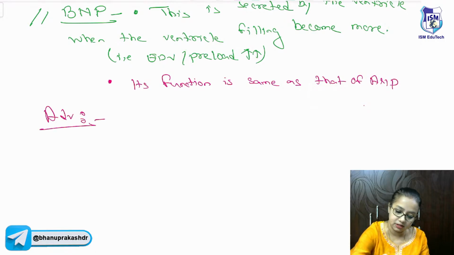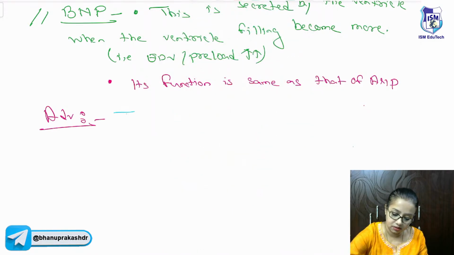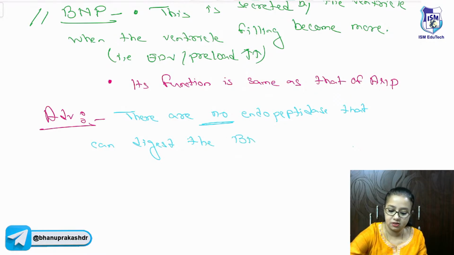The advantage is that there are no endopeptidases that can digest the brain-derived natriuretic peptide.